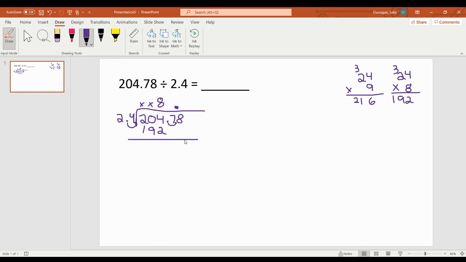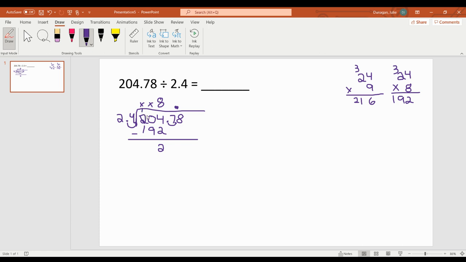Now we subtract. 4 minus 2 is 2. 0 minus 9. Well, I cannot do that if I have 0. I cannot take 9 from it. So I'm going to go next door, get a group of 10 more.